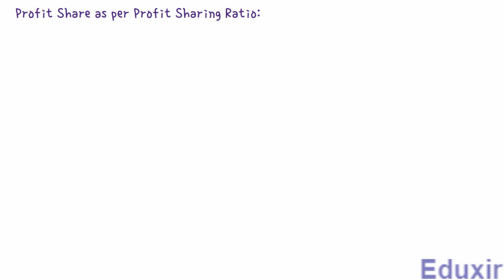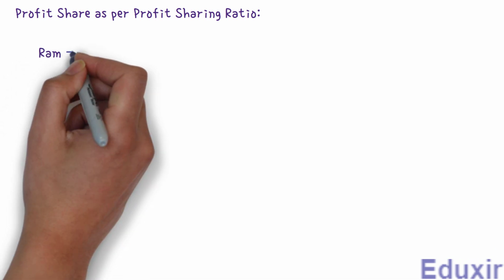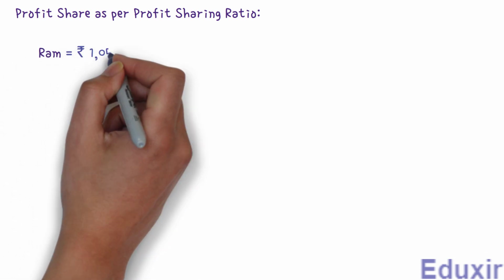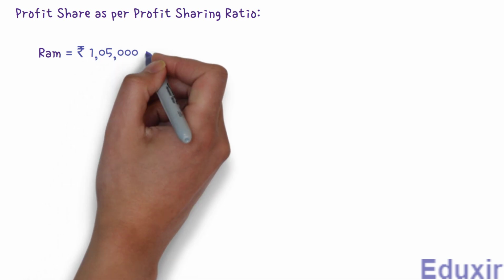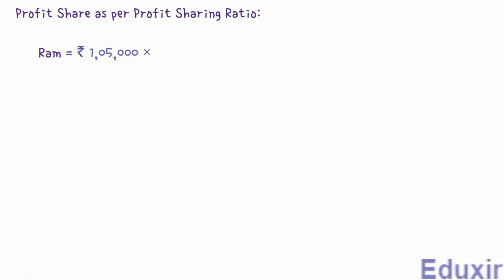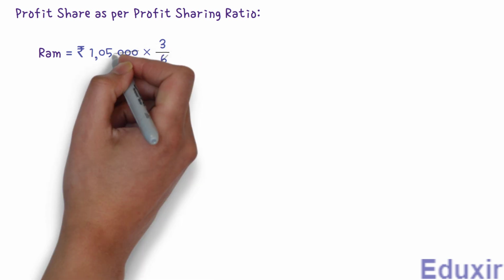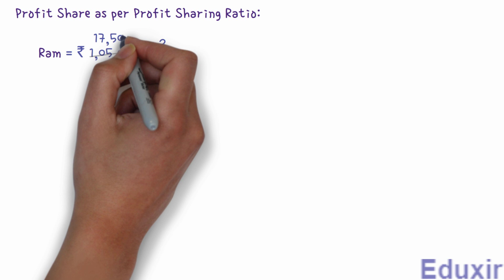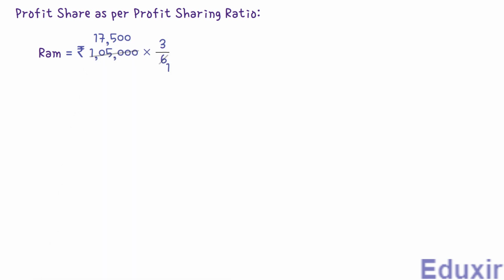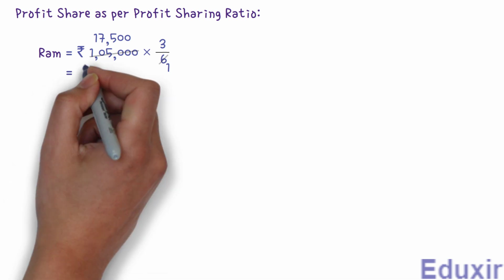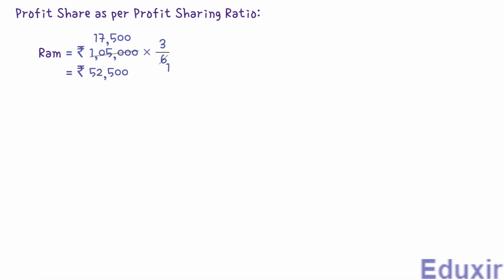Now, the profit share of the partner Ram is equal to the total distributable net profit amount of 1,05,000 rupees multiplied with his profit sharing ratio 3/6. Cancelling with 6, 6 ones are 6, 6 17,500 are 1,05,000. Now, if we multiply the remaining 17,500 rupees and 3, we get 52,500 rupees. This is the share of profit for the partner Ram.